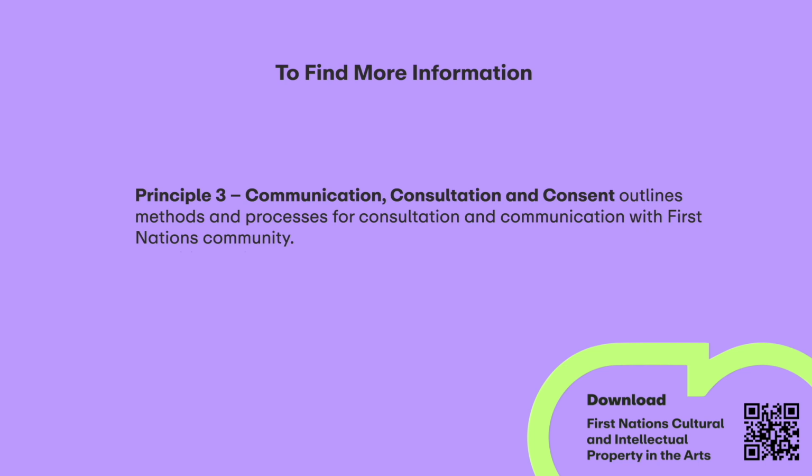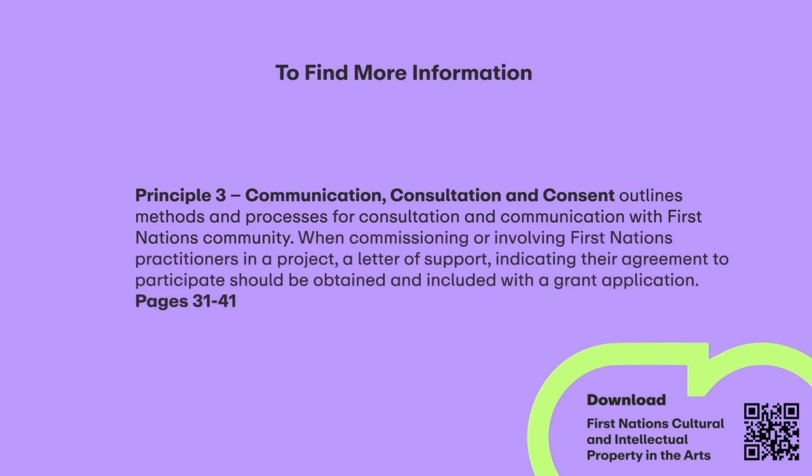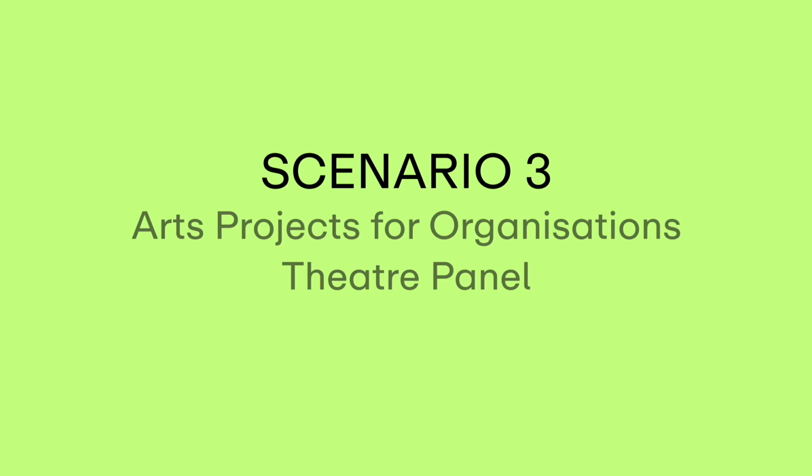To find more information: Principle 3, Communication, consultation and consent outlines methods and processes for consultation and communication with First Nations community. When commissioning or involving First Nations practitioners in a project, a letter of support indicating their agreement to participate should be obtained and included with a grant application. Pages 31 to 41.